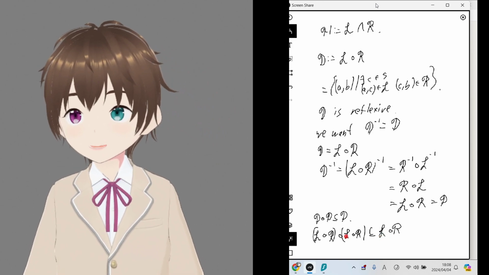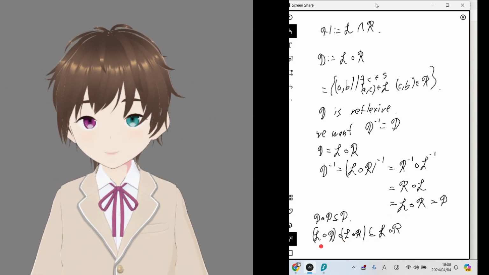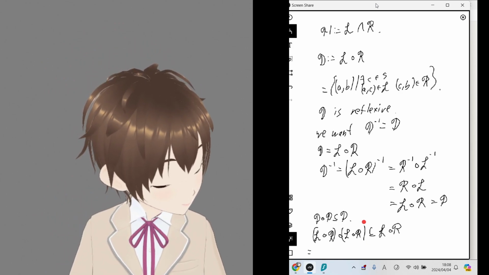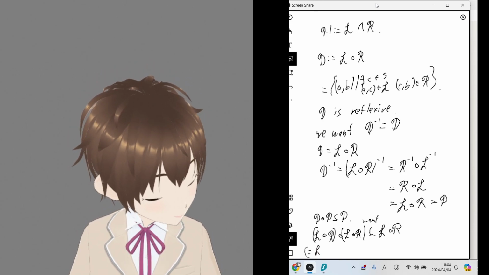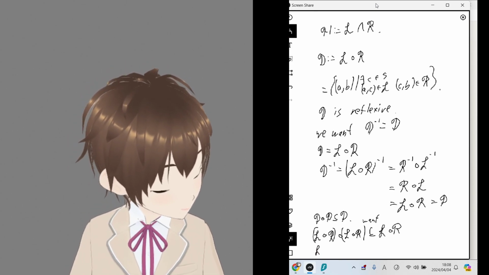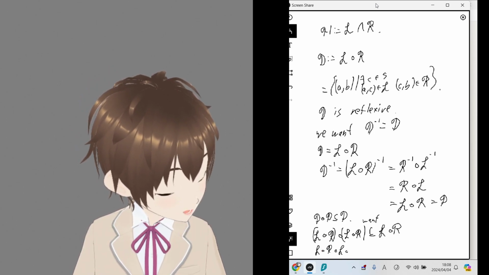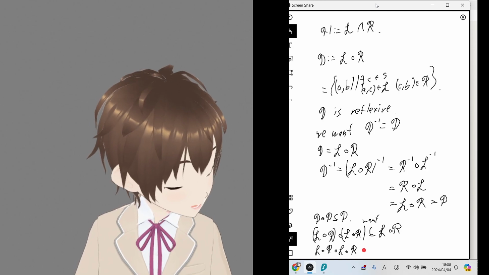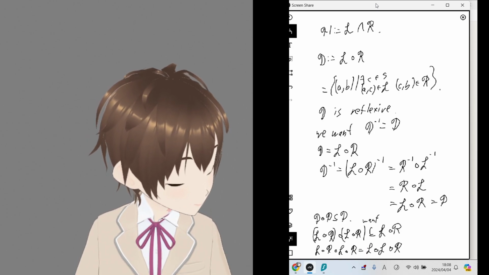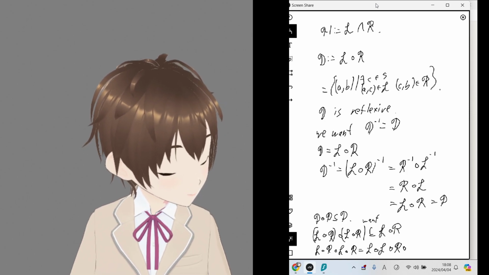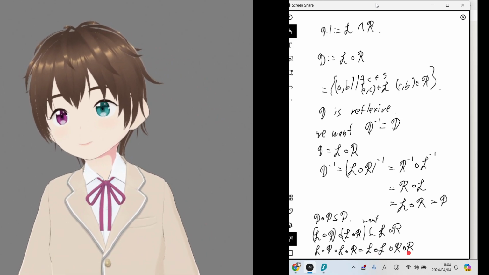Composition of binary relations is associative, so I can remove all the brackets and compute the R and the L in the middle, for the same reason I said over here. So this is L composed R composed L composed R, and computing the R and L in the middle, this is equal to L composed R composed R, because L is an equivalence relation and R is an equivalence relation.